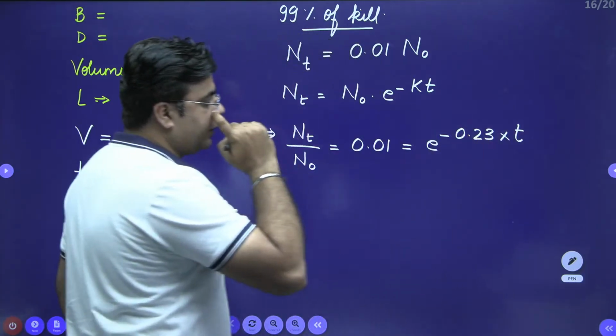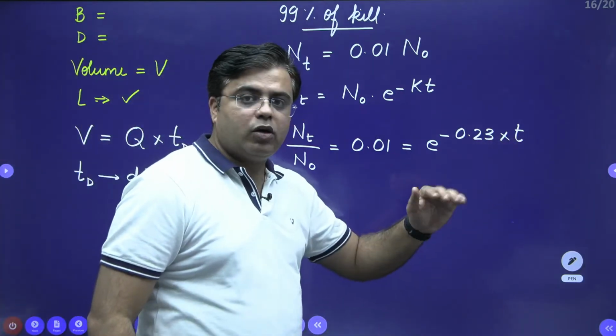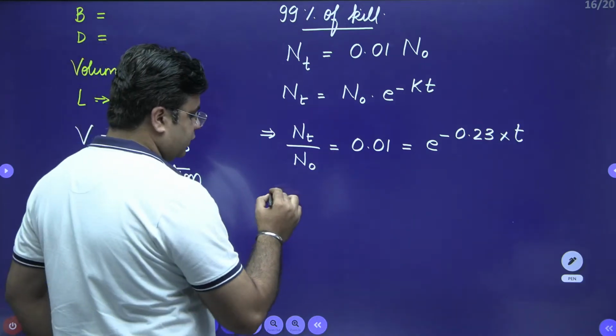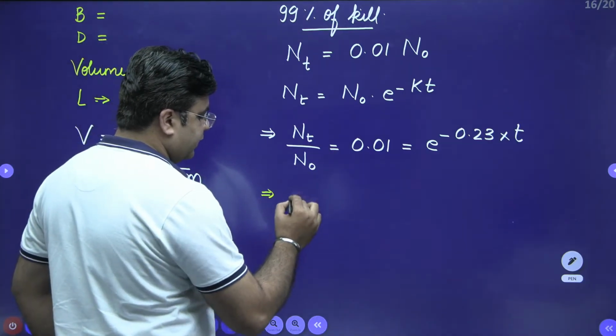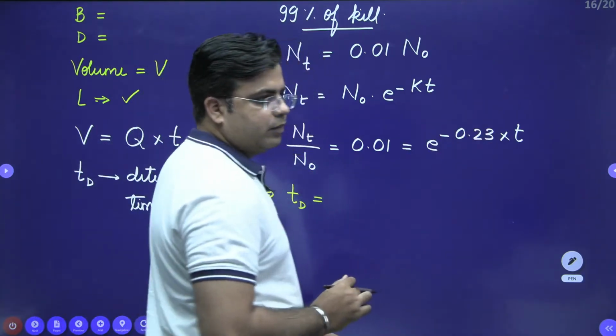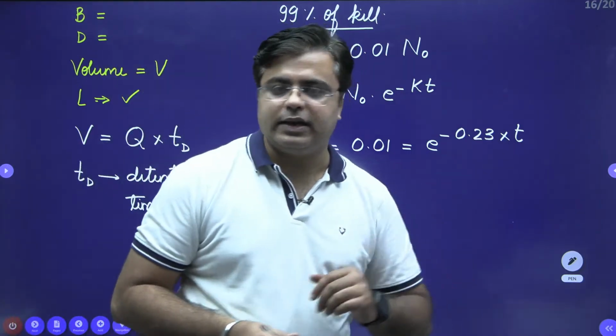Since the value of k is 0.23 per minute, the time calculated will also come out in minutes. This time is nothing but the detention time, the time that we are providing so that 99% of the kill can happen.